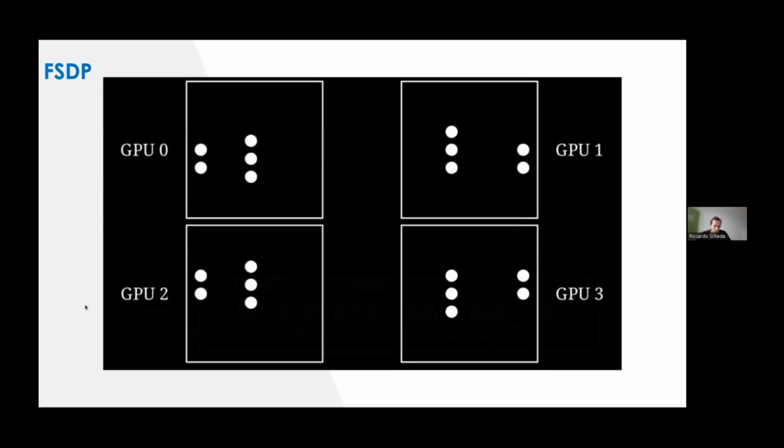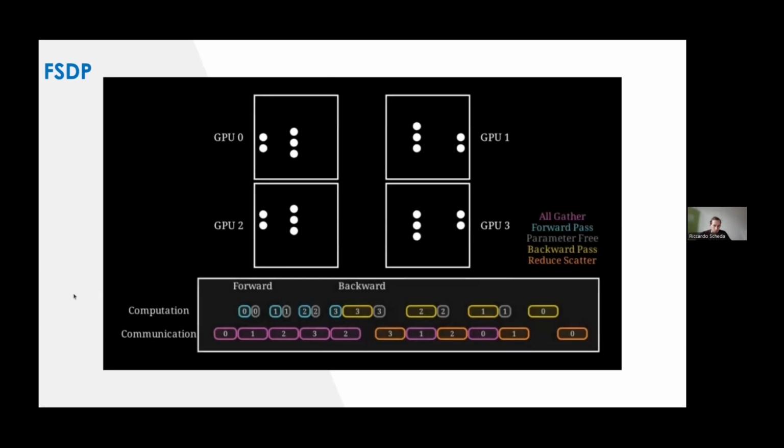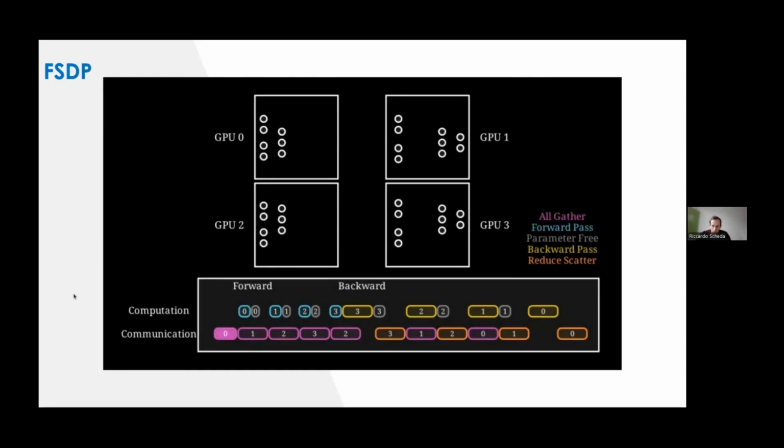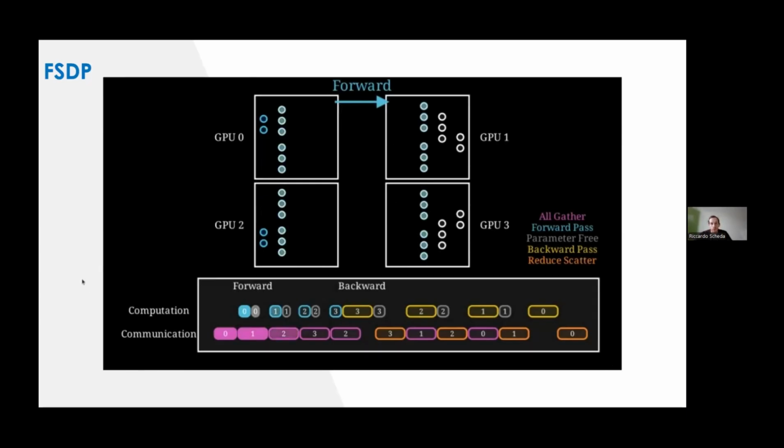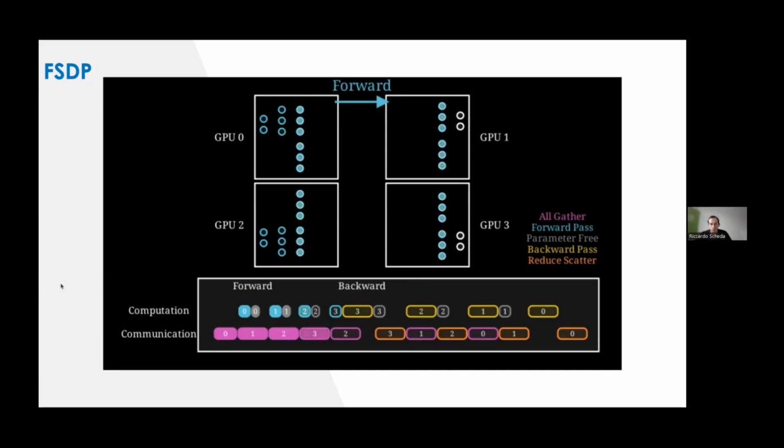Here you can see that the model is divided in four different parts, and the first layer is sent to the other GPUs, and the forward is performed on all of the GPUs. Then the second layer is split and sent to the other GPUs. So for the third layer and for the fourth.